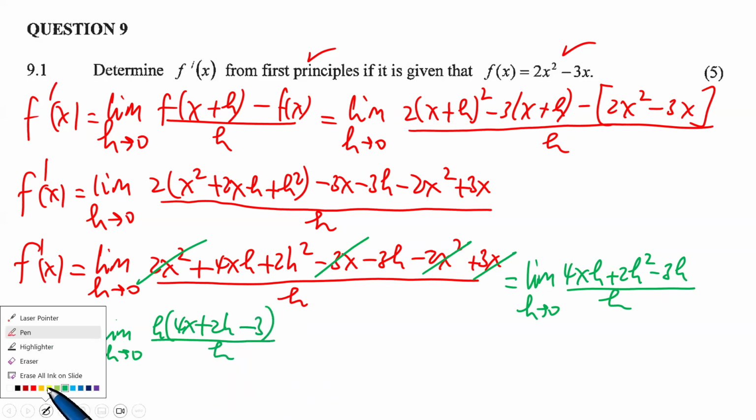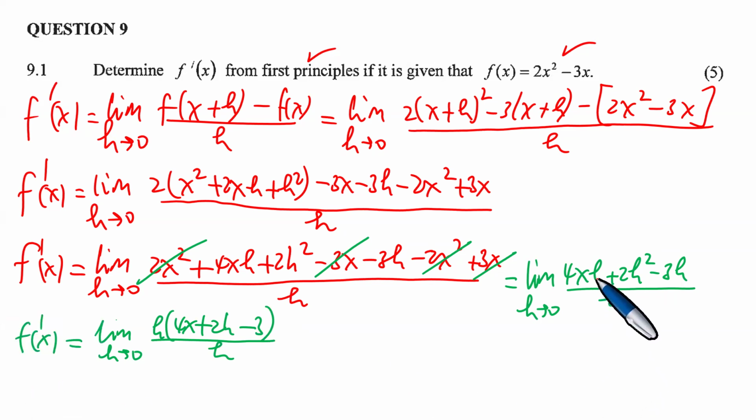We've taken out the highest common factor, which is h, leaving us with 4x plus 2h, and if you pull h out of minus 3h, you get minus 3. Now this h is going to cancel the one in the denominator. This is called the cancellation law.